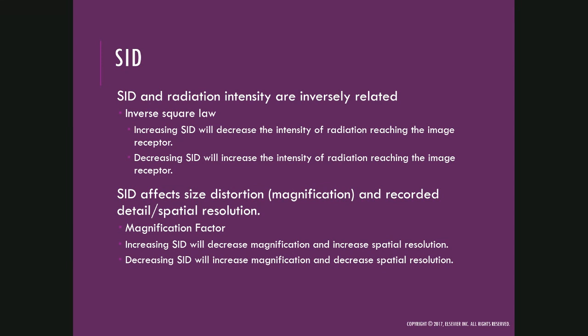So it's not directly proportional or inversely proportional, but rather inversely proportional to the distance squared. So increasing SID is going to decrease your exposure to your IR, and decreasing your SID will increase your exposure to the IR. This is assuming that all other factors remain unchanged.